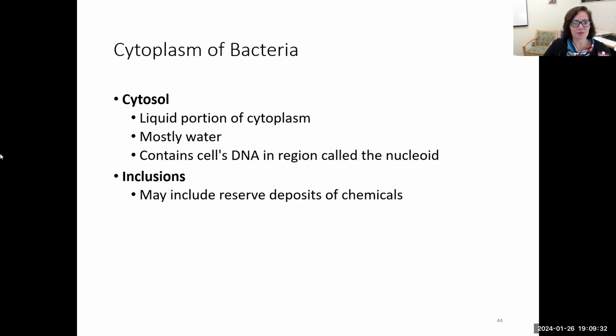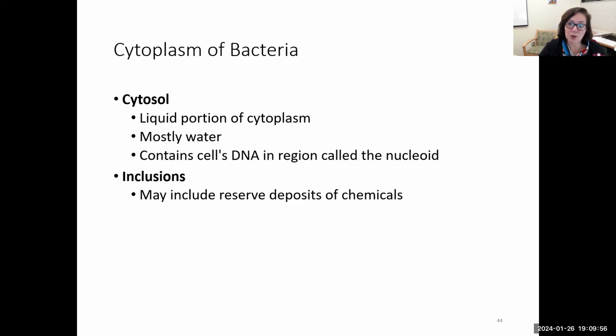All right, so let's talk about cytoplasm. Cyto, remember, means cell, and cytosol is the liquid portion of the cytoplasm. So cytoplasm is all that stuff on the inside of the cell. Cytosol is mostly water. And in this area, there is the cell's genetic information.